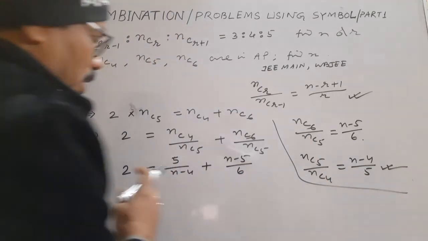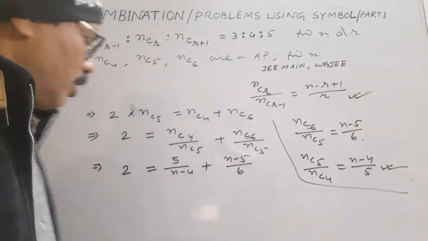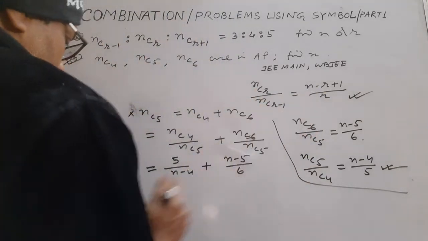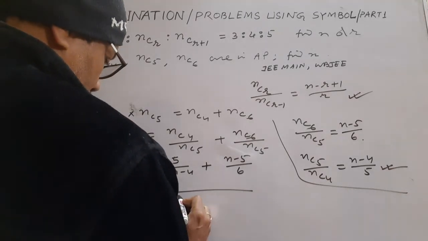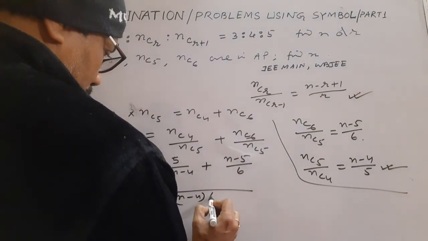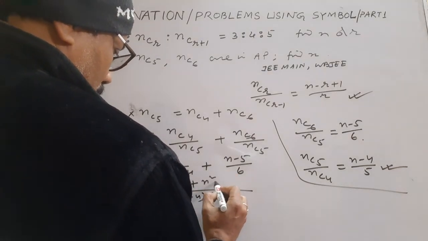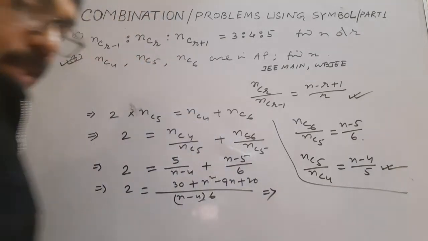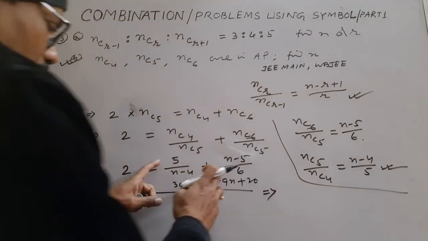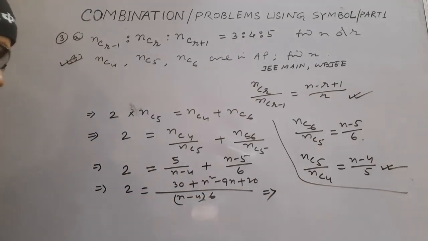So no need of expanding in terms of factorial. This is a quadratic equation and you solve it. So 2 equals (n minus 4) into 6... so 30 plus n square minus 9n plus 20.